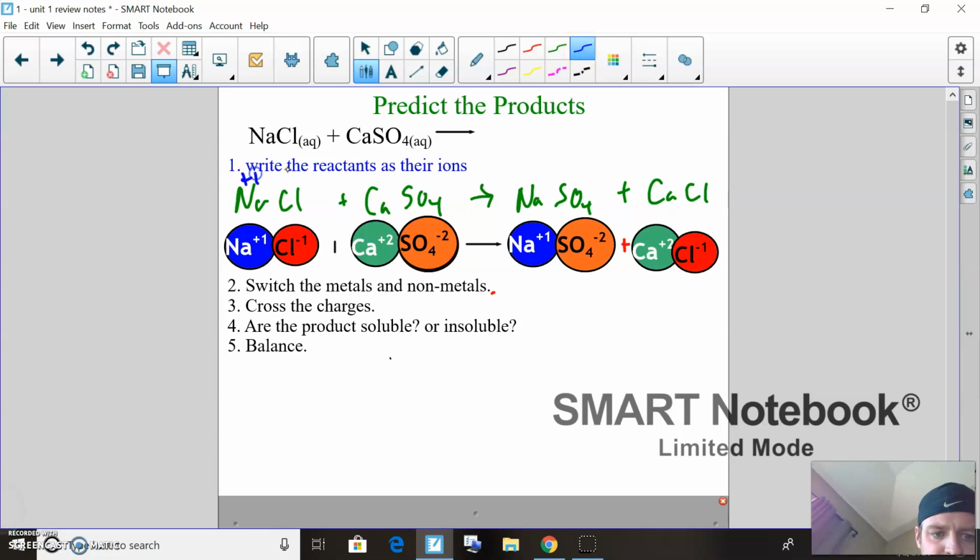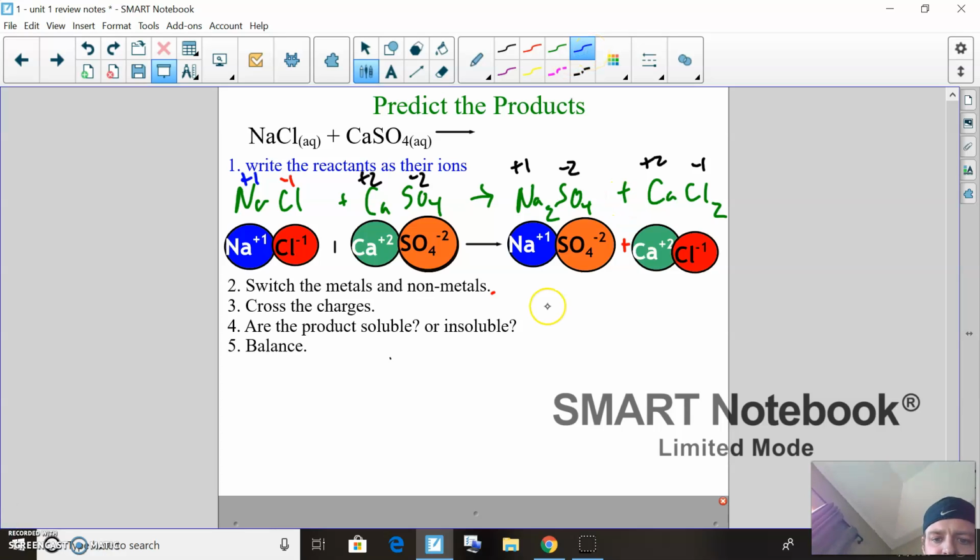We wrote the charges: +1 -1 plus +2 -2, giving +1 -2 and +2 -1. So cross the charges. I need 2 of those and 2 of those, just to balance out the charges.